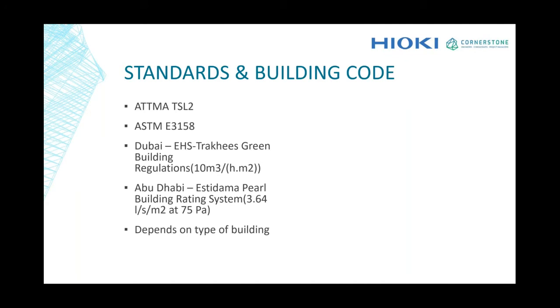For example, in Dubai, we have the EHS Trakhees, which requires 10 meter cube per hour per meter square as the maximum air leakage rate. In Abu Dhabi, we have the Estidama Pearl Building Rating System. And of course, the rating system depends on what kind of building we are looking at.